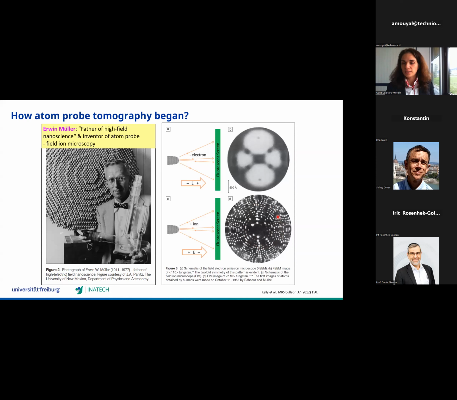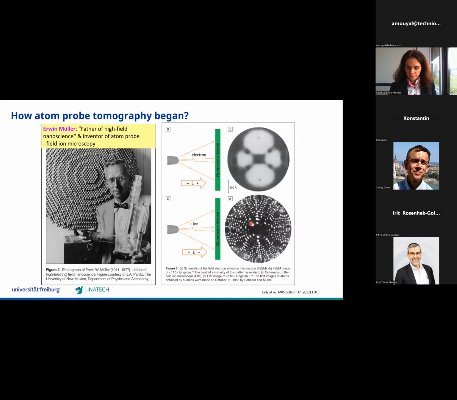We see nicely that each position here corresponds to an atom, and then we have terraces of atoms, we have crystallographic poles, and for the tungsten, we have the big 110 pole. So we can nicely map the structure of the tip surface and the atomic redistribution within the structures.